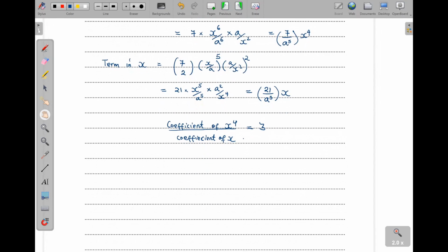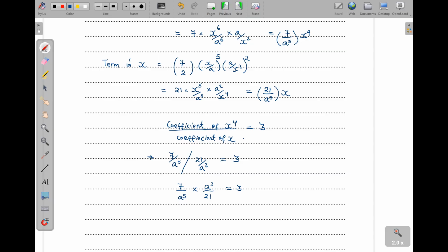So we shall have 7 over a^5, then we divide by 21 over a^3, and this should be equal to 3. Using the rules of fractions, we somersault the denominator, so a^3 over 21, which is equal to 3.